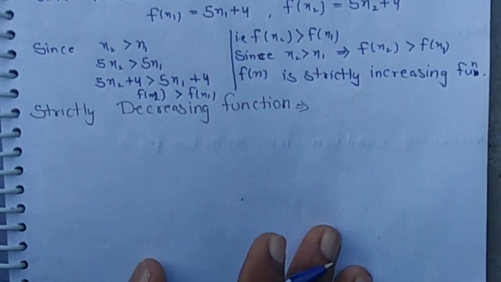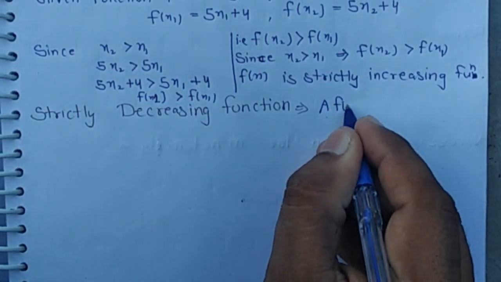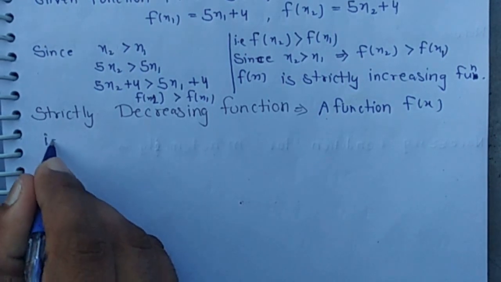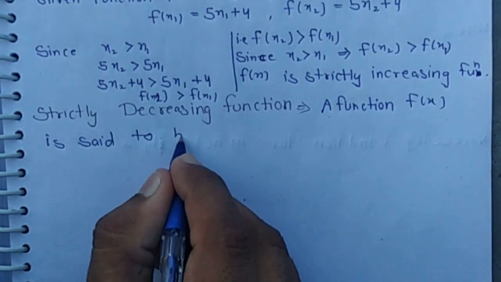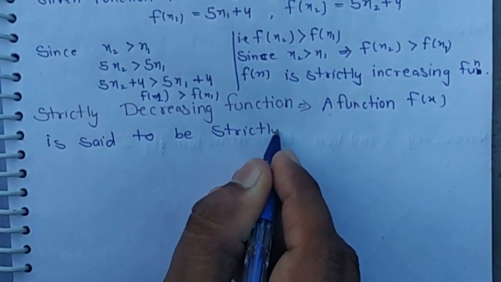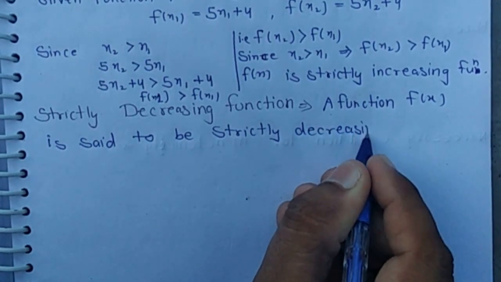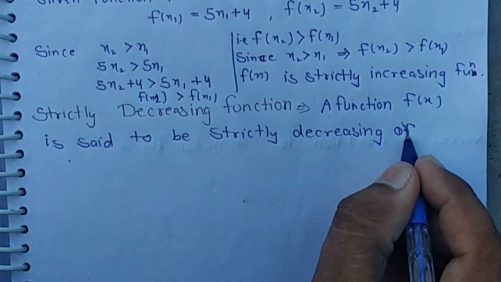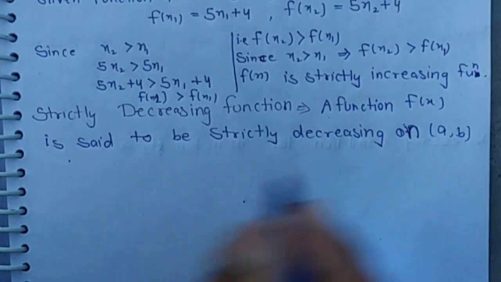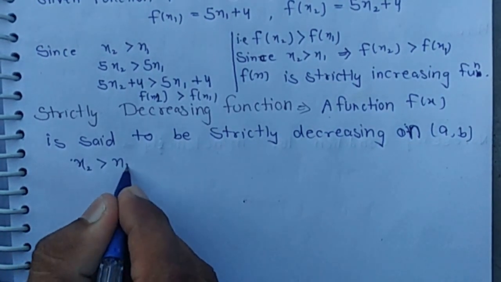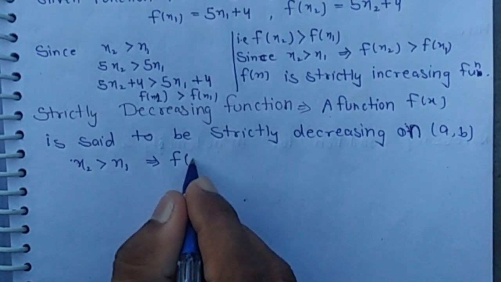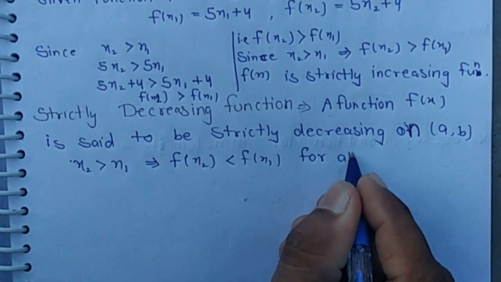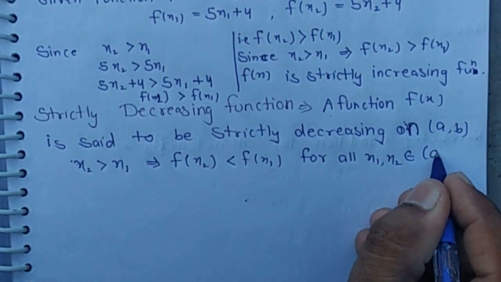Now, strictly decreasing function. A function f(x) is said to be strictly decreasing on interval (a, b) if x2 greater than x1 implies f(x2) is less than f(x1) for all x1, x2 belonging to (a, b).